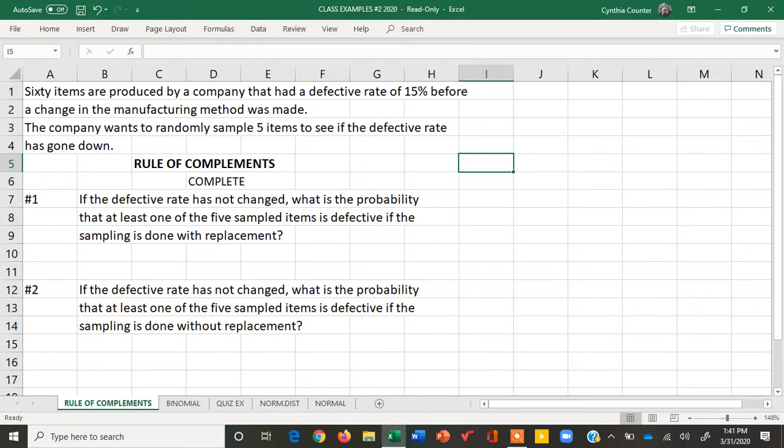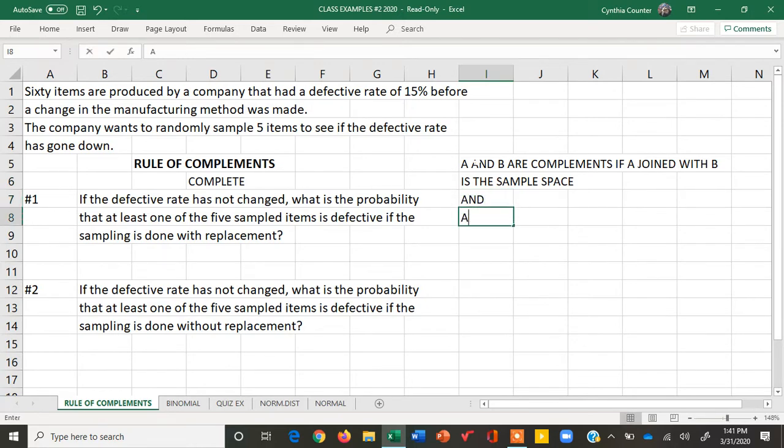They form the entire sample space. So A and B are complements if A joined with B is the entire sample space.